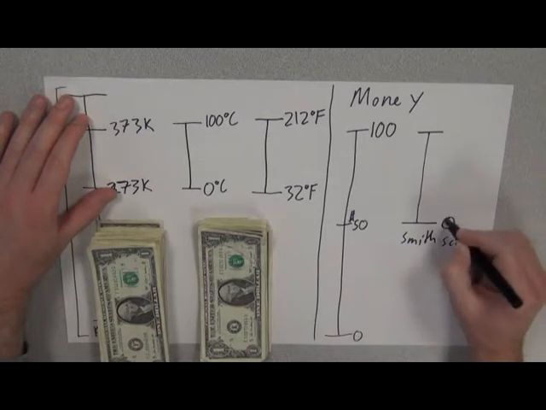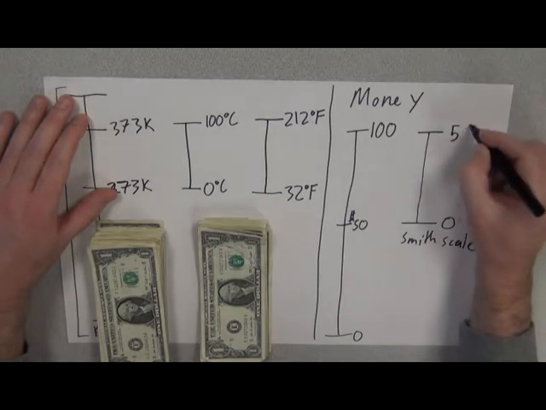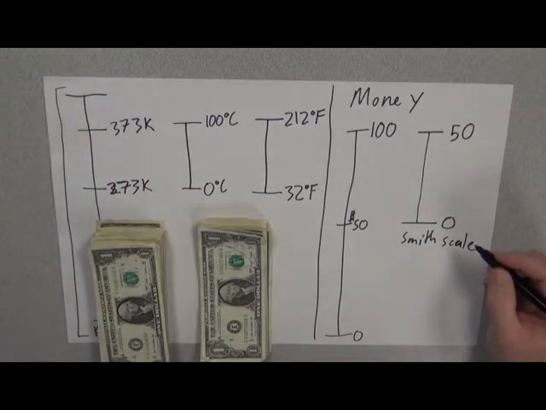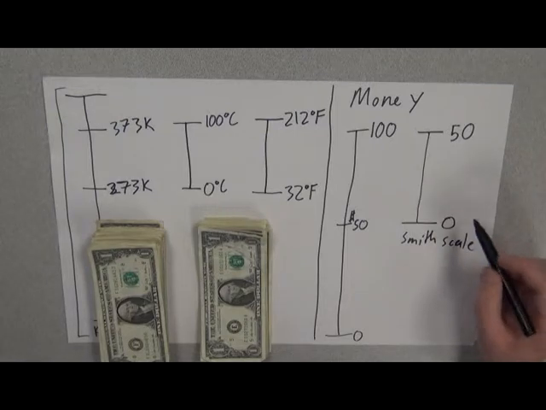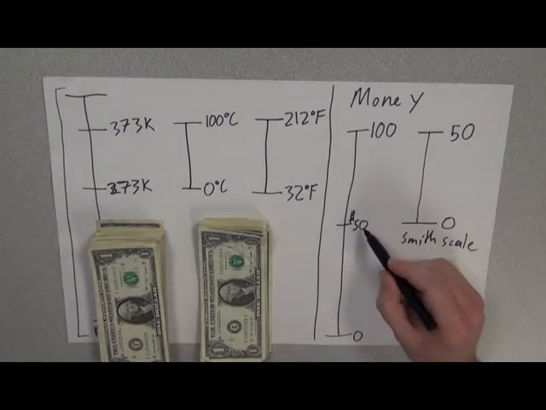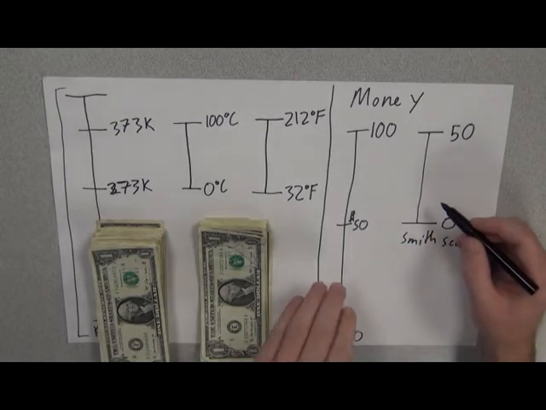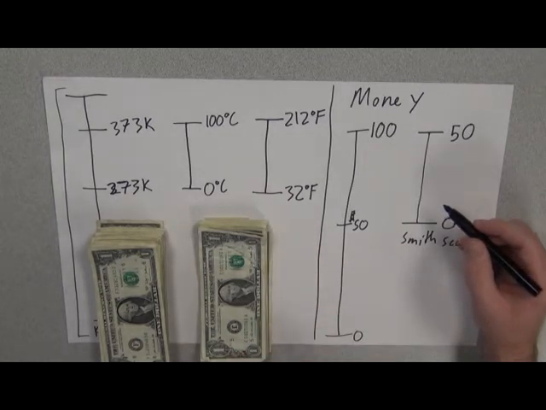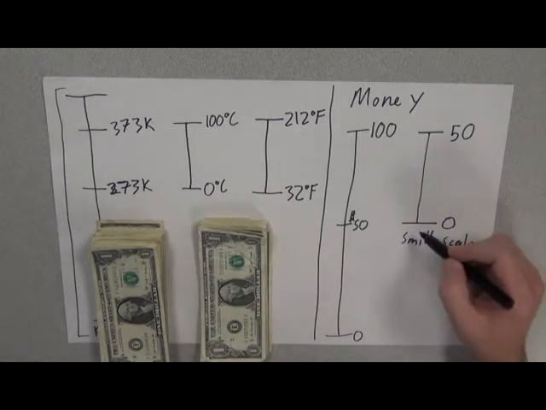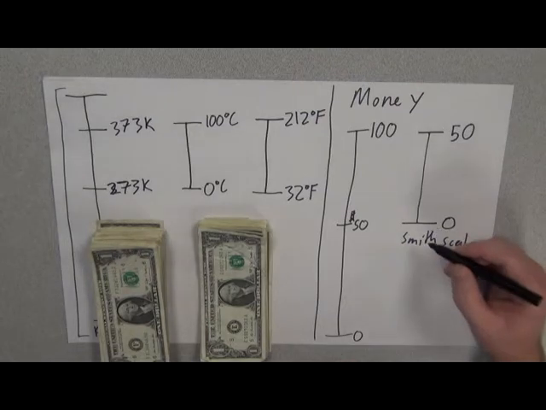It starts 0 here and goes to 50. So on my scale, on the Smith scale, we're going to start at $50 and go up from there. So maybe I don't care about things that cost less than $50. Maybe this is the price of a nice dinner for two or something, or a very nice dinner for one.